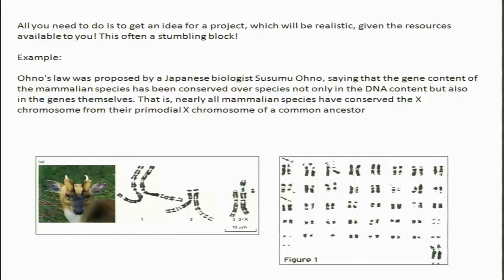You find that regardless of any species that he looked at for the chromosome preparation, regardless of the number of chromosomes, the weight of the chromosome cutouts was identical, and the X chromosome was about 6% of the total weight. Therefore, he said that the DNA content per cell in all the mammalian species is constant, and the sex chromosome is conserved, meaning the genes that are there in the X chromosome are possibly identical in all the mammalian species, and that constitutes 6% of it. It is a remarkable discovery.